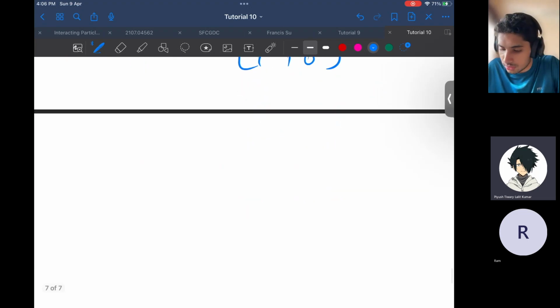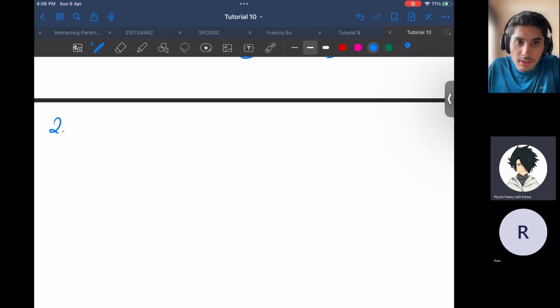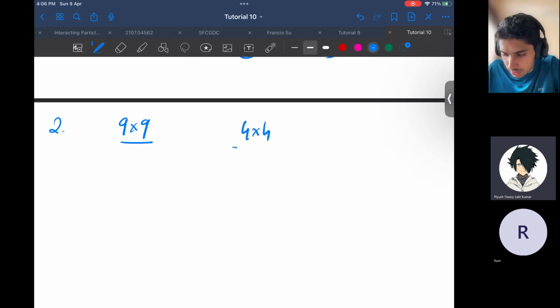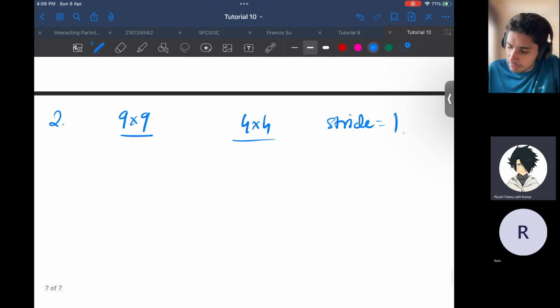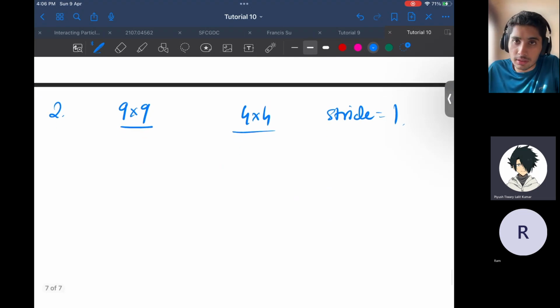So the second question is that suppose we are given a 9 cross 9 image, and we apply a filter which has a size of 4 cross 4. What will be the dimension of the resultant image R, given that stride is equal to 1? So remember, this is the formula that you should always remember.